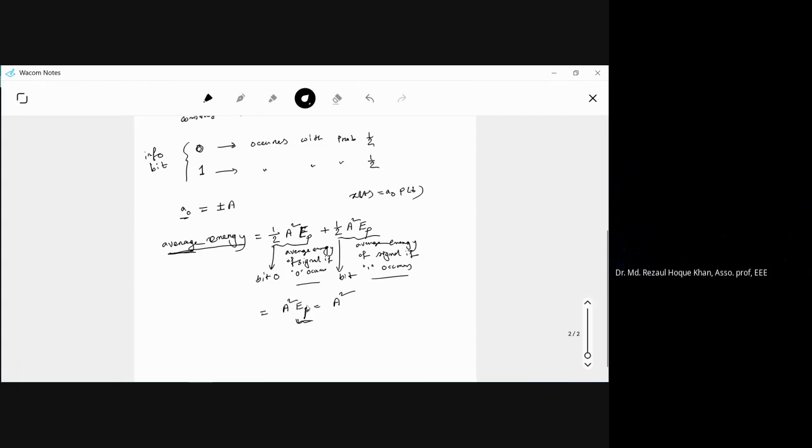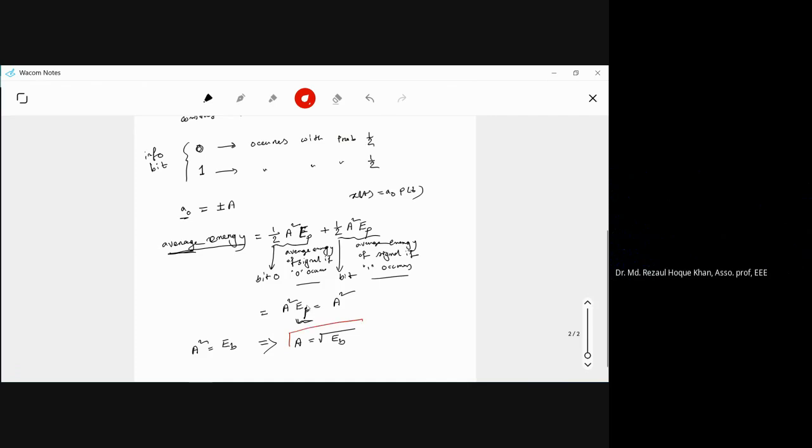So A squared is Eb, the energy per bit, meaning A equals square root of Eb.